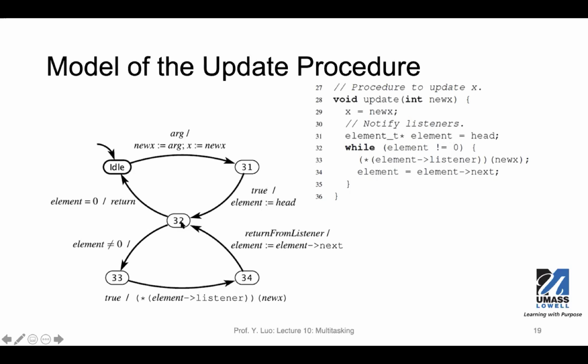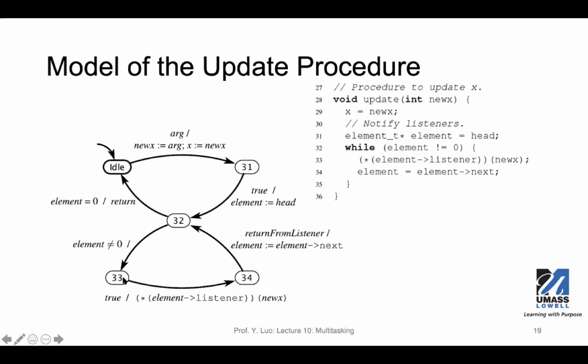Now, starting from line 32, we're going to go through some loops. We will do the loop if element is not 0. If it is 0, then we're going to take this path. So we are done. We're going to be back to where we started. If this element is not 0, we're going to move on to the next line, which is line 33.